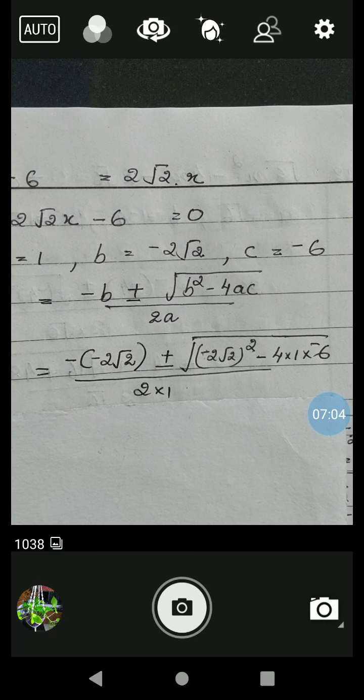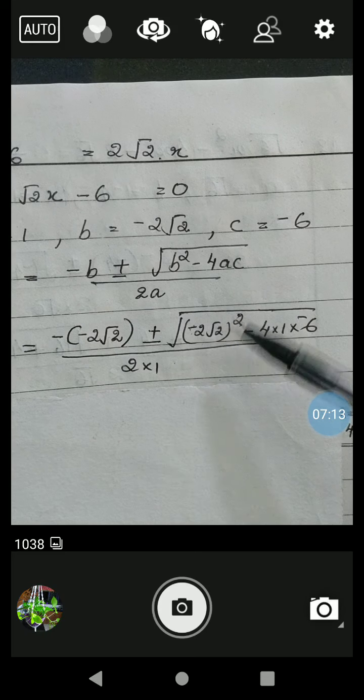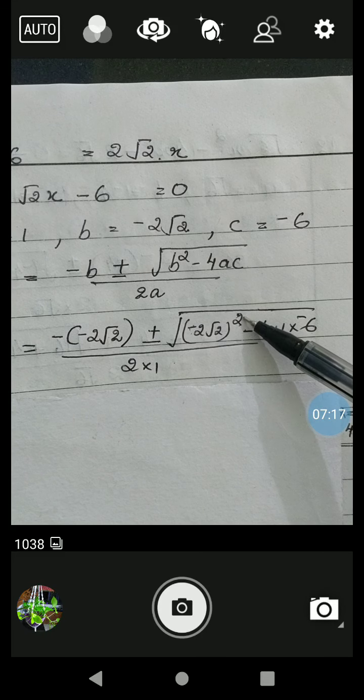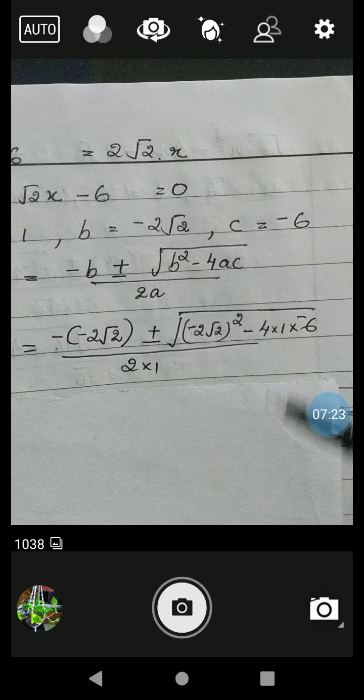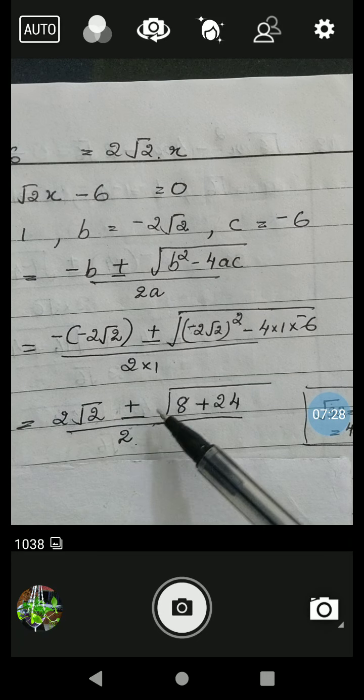When you simplify, if your substitution is correct, in this step you will get 1 mark. Correct substitution in correct formula. Okay. Now next simplification. 2 root 2 plus or minus.